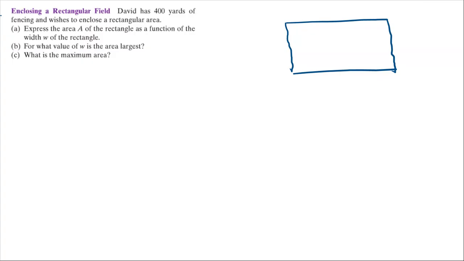So first, express the area A of the rectangle as a function of the width W of the rectangle. If we label this, this would be our length and width. If the bottom is L, the top will also be L, because these are parallel. And if this is W on this side, the other side will be W as well.